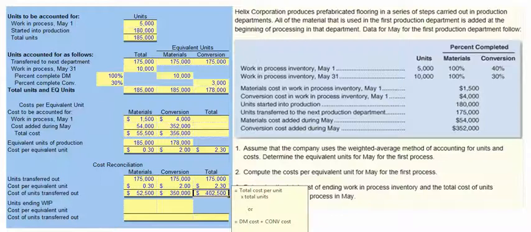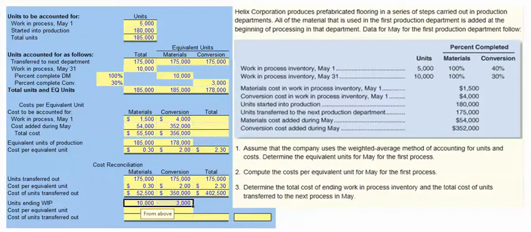Next, we need to calculate the cost assigned to ending work in process inventory. The equivalent units in ending work in process inventory were 10,000 for direct materials and 3,000 for conversion costs. These were from our equivalent units calculations above. We'll multiply each of these by the cost per equivalent unit that we've just calculated.